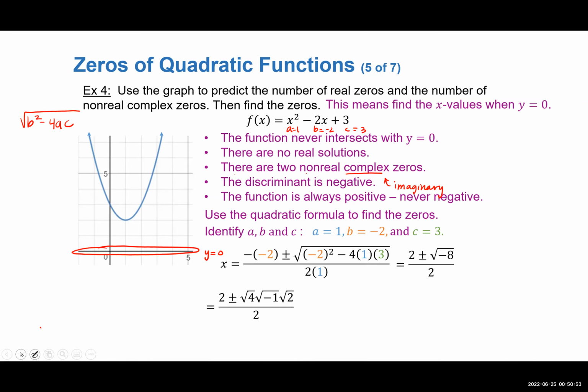over 2. -8 can be broken down to 4, -1, and 2. So that'd be 2i root 2. So 2 plus or minus 2i root 2 over 2. All of these 2's gonna cancel, and we're just gonna end up with 1 plus or minus the i square root of 2.